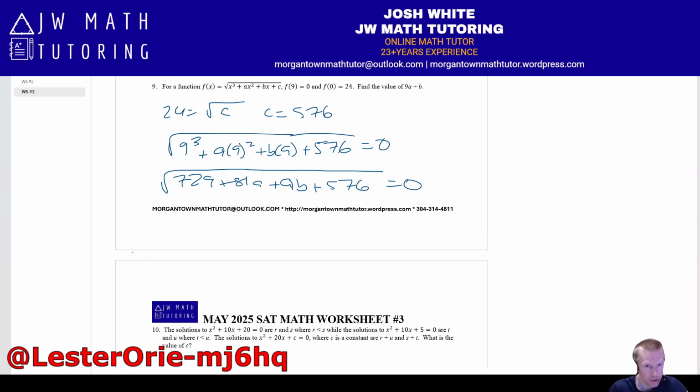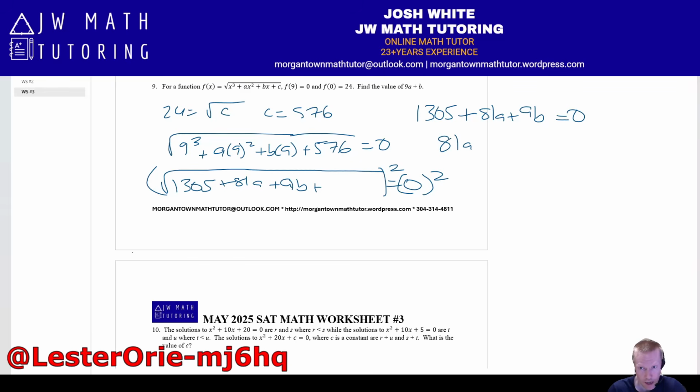Next, what I'm going to do is 729 plus 576. Just combine those, and you can add them together in Desmos. So it's going to be 1305. So now we have this expression, and we can just square both sides. And we get 1305 plus 81a plus 9b equals 0.